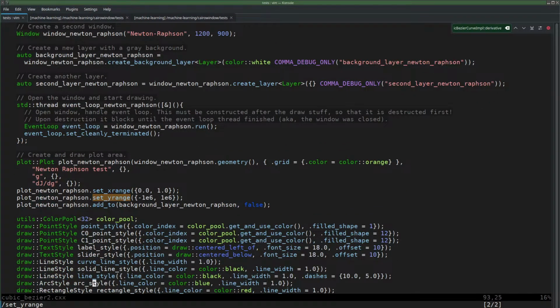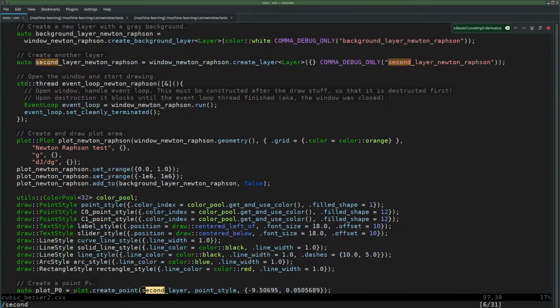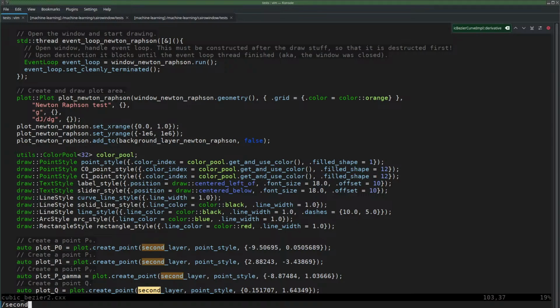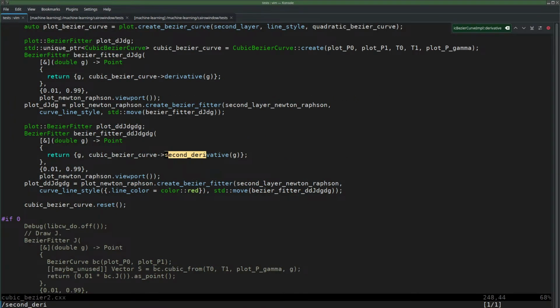Well, not going to change the y. Sorry, I want to change. I have to scale this here. Second. Not in the same graph, so.